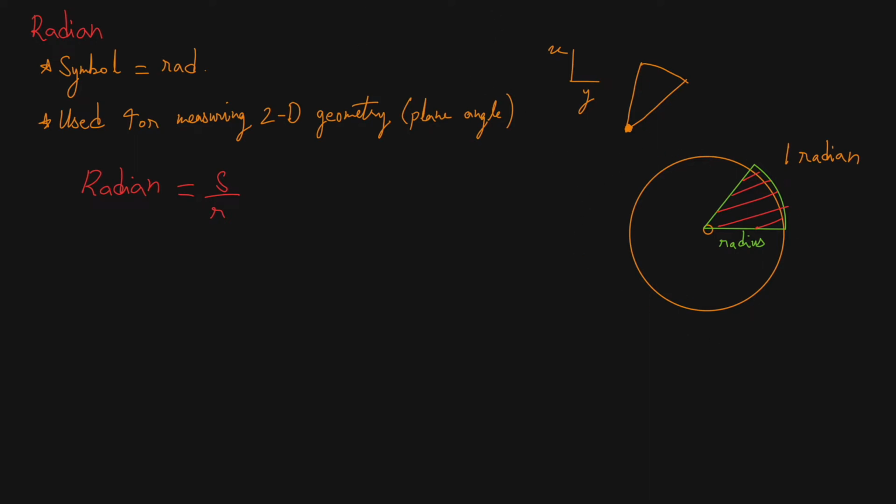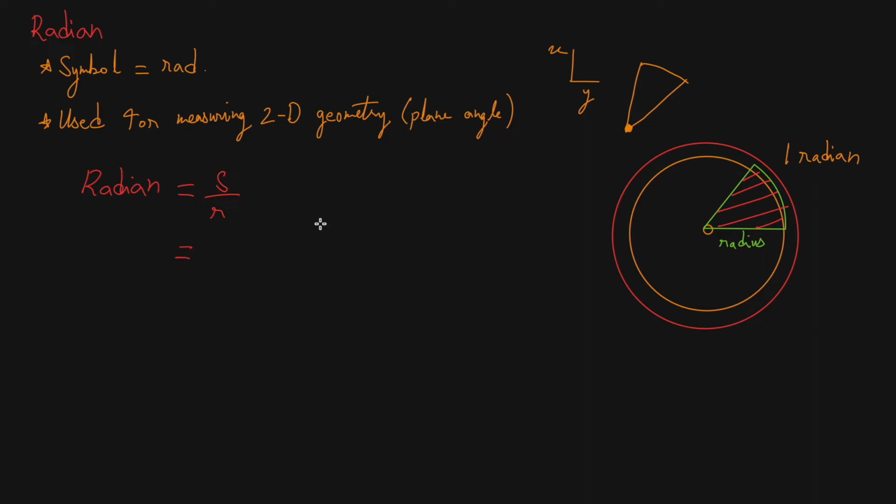Let me first draw. Instead of calculating 1 radian, we are trying to calculate the whole of it. How many radians will it take to fill a circle? Then we will have the formula here.